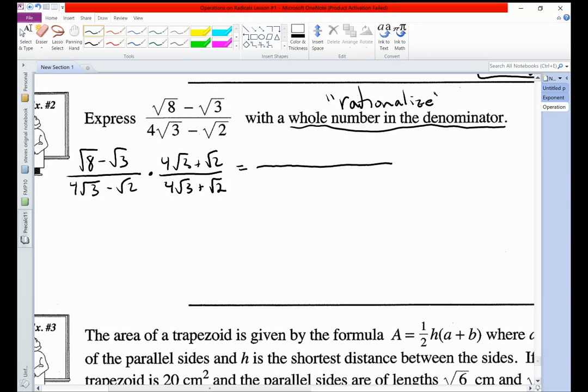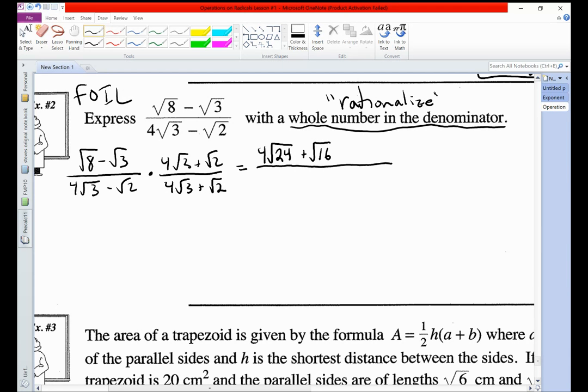First term, 8 multiplied by 4 root 3 is going to give us 4 root 8 times 3, which is 24. And now the outside, FOIL, right? F-O-I-L. The outside terms are root 8 multiplied by root 2, which gives us a positive root 16.